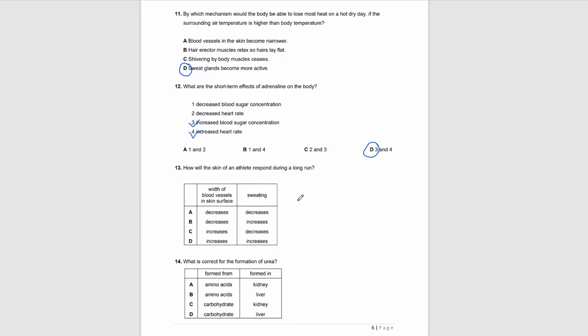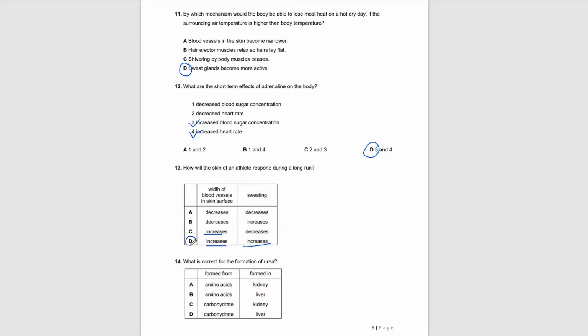So as the width of the blood vessels in the skin surface increases, more blood flows through the skin surface, and the more blood flows, the more heat is lost by conduction, radiation, and convection, and the temperature of the blood decreases. So the width of the blood vessels on the skin surface increases. And the more the athlete sweats, the more heat is lost, so sweating increases. So option D is the perfect answer.